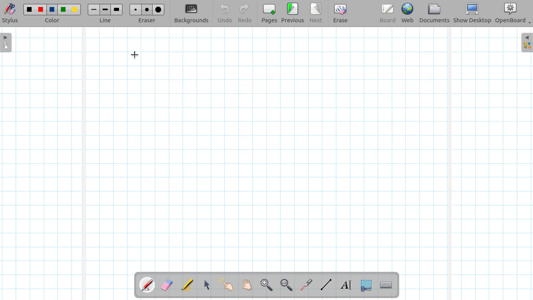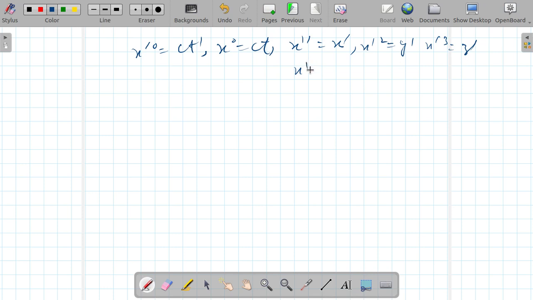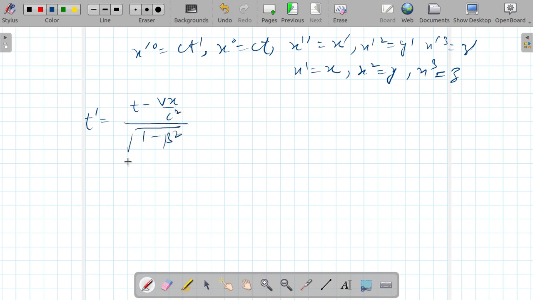And if I use x prime naught is equal to ct prime, x naught is equal to ct, x prime 1 is equal to x prime, and x prime 2 is equal to y prime, and x prime 3 is equal to z prime, and x1 as x, x2 as y, and x3 as z, then we will get t prime is equal to t minus v x over c square over 1 minus beta square under the root, and x prime is equal to x minus vt over 1 minus beta square under the root, and y prime is equal to y, and z prime is equal to z.